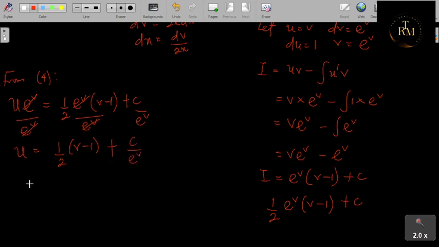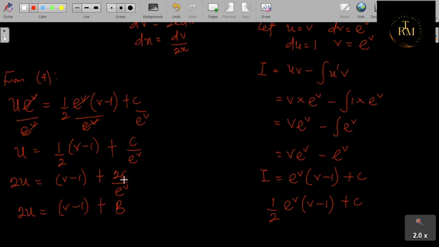And if I multiply by 2, I'm going to have 2u equals v minus 1 plus 2c over exponential v. Because it's a constant value, I'll just call it a constant again, let's say b.